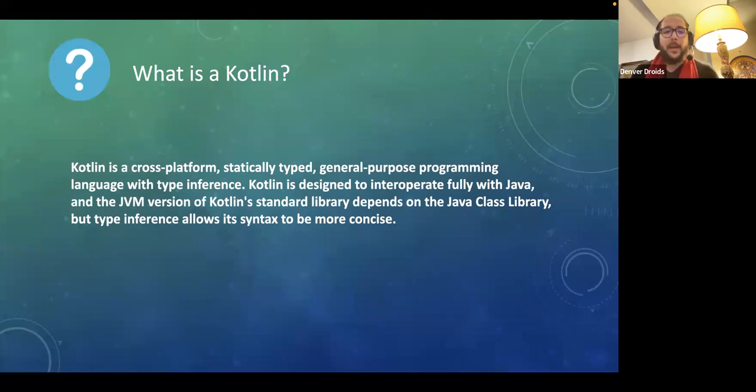Kotlin is a cross-platform, statically typed, general purpose programming language. What that means is that Kotlin can be used on different platforms. For example, mobile Android. There are also backend solutions that you can implement with Kotlin.